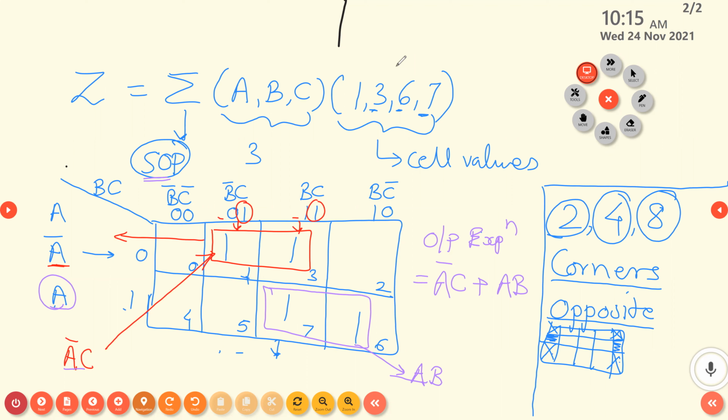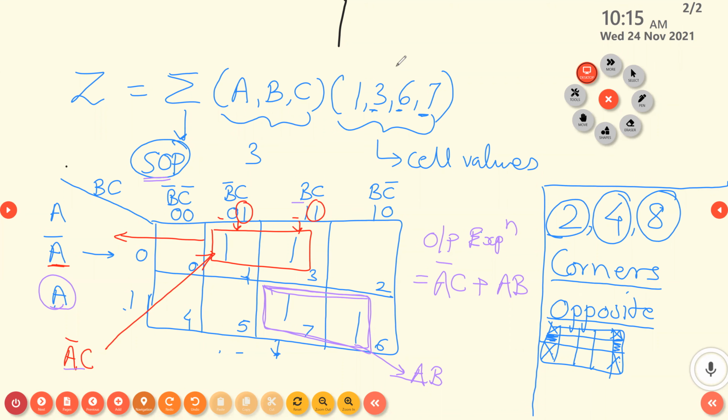Ma'am, repeat it once. Which point do you want repeated? How that equation came, A B. See this column, here this is the group of 1 1. See row wise, A is the variable; column wise, which variable is constant?